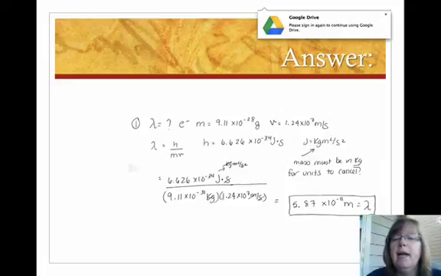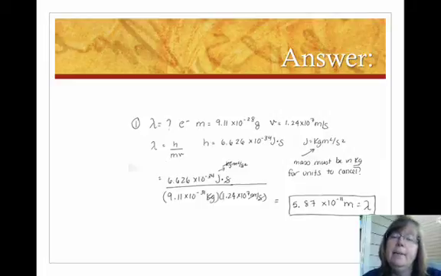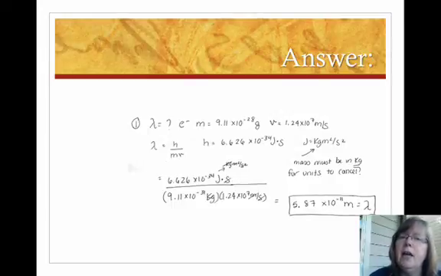And then I multiplied it by its velocity. So the answer is 5.87 times 10 to the negative 8th meters. Be sure that you've plugged these numbers into your calculator and make sure that you're getting the right answer and you're using the exponents correctly in your calculator.